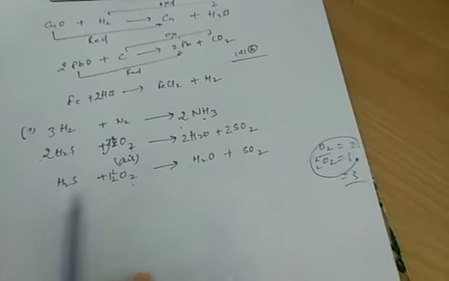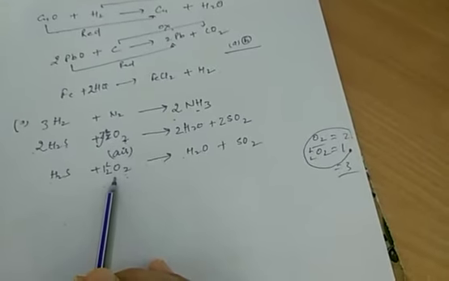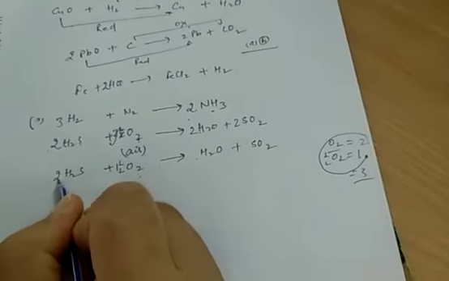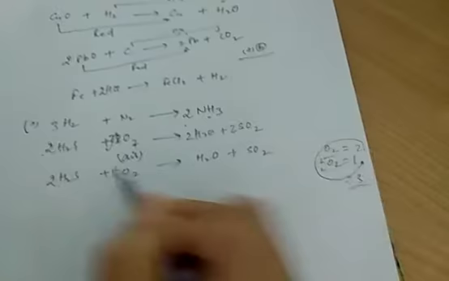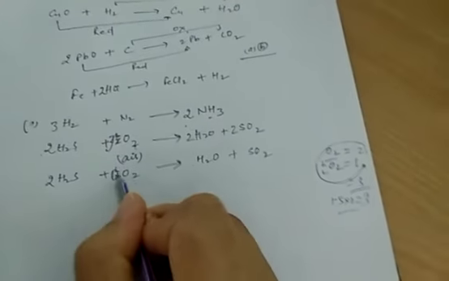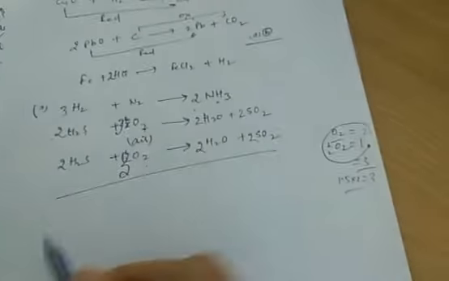But you know any reactant or any product can't be taken as a fraction, so multiply the whole equation with 2 to avoid the fraction. So multiplying 1.5 with 2, it becomes 3. Now this is 2 and this is 2. Now this reaction is balanced.